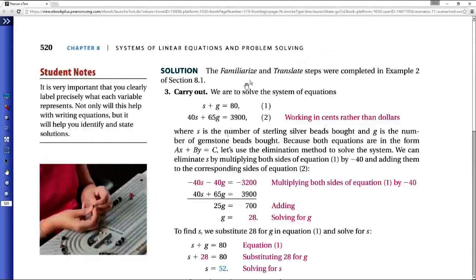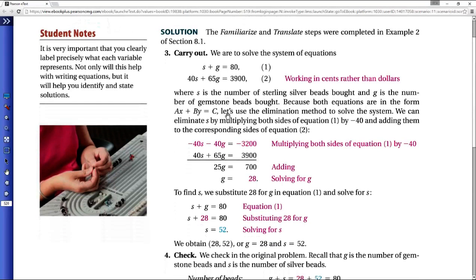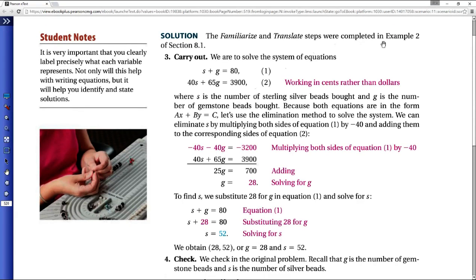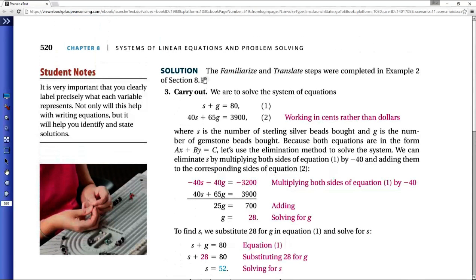They start putting these things together, and we translate the steps from example 2, and we end up with S and G, where S represents the silver and G the gemstone beads. They told us that there are going to be 80 of them together, and then we take the number of cents times the number of the item that they're worth right here.